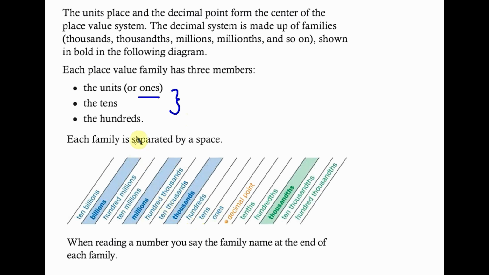Again, after hundreds, now you need to have a different family name. In this case, after thousands, it will be what we call million. So millions will be another ones. Then after ones, it repeats with 10 millions, 100 millions. After 100 millions, again, you have another family name. We call it billions. And then it will continue.